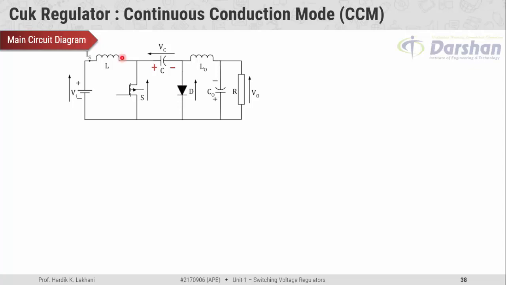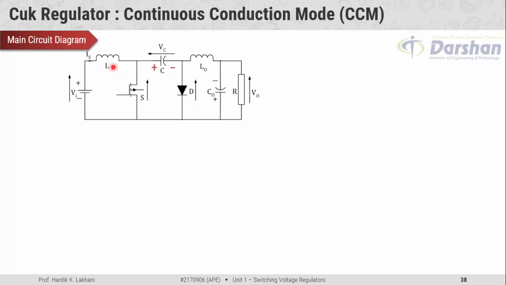If you closely observe this circuit diagram, then you can find out that the input portion of the Cuk regulator is derived from the boost regulator and the backend portion of the Cuk regulator is similar to the buck regulator. So it uses the combination of boost and the buck regulator.